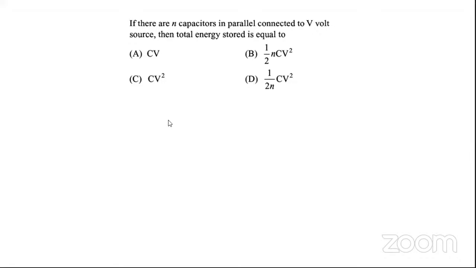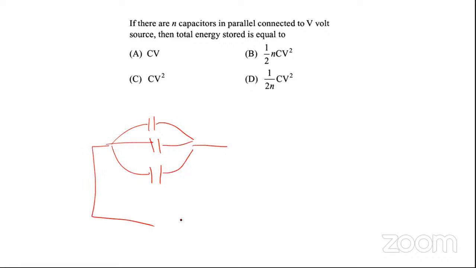There are n capacitors in parallel connected to V volt source. Suppose these are the capacitors, and these are connected to a V volt source. Suppose these are N. When capacitors are connected in parallel, their values get added up.